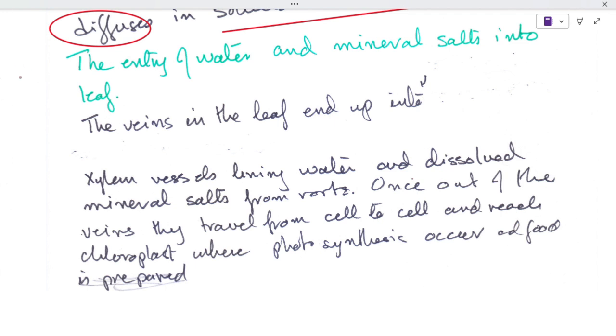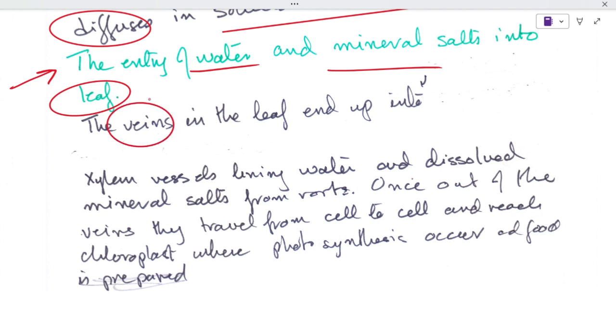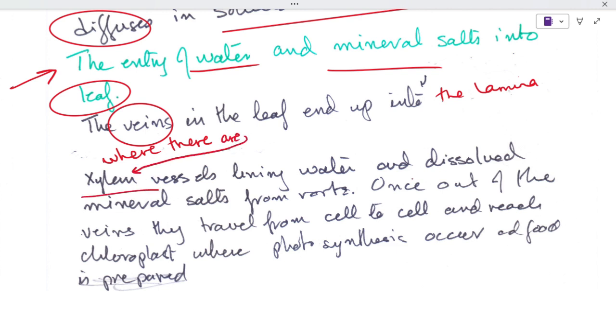Now we come to entry of water and mineral salts into leaf. Now the veins in the leaf end up in the lamina where there are xylem vessels bringing water and dissolved mineral salts from roots.